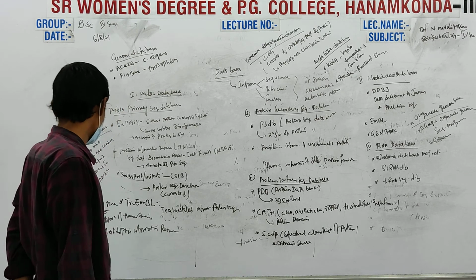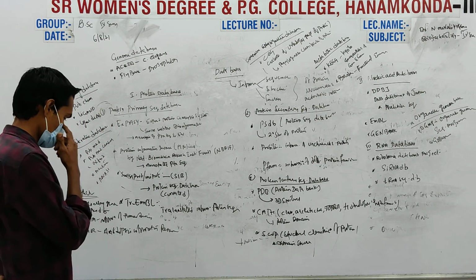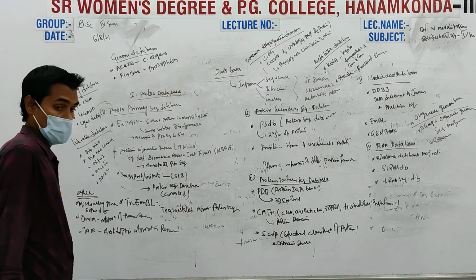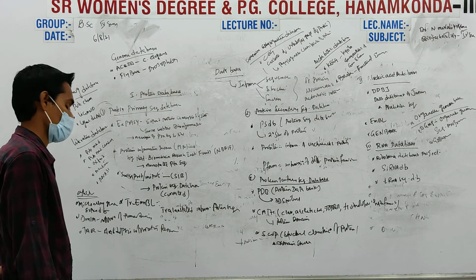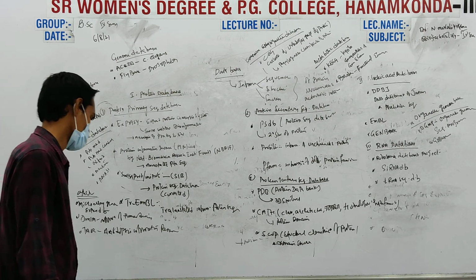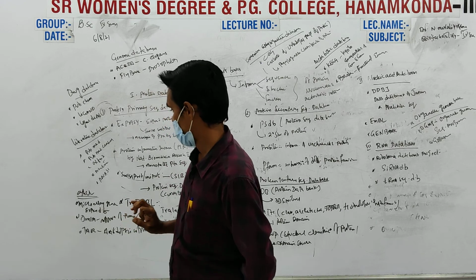And coming to the other databases, we have microarray gene expression databases, which give information about microarrays, OMIM, which is information about human diseases, and TAIR, the Arabidopsis Information Resource.